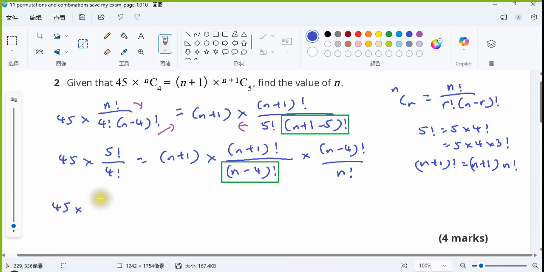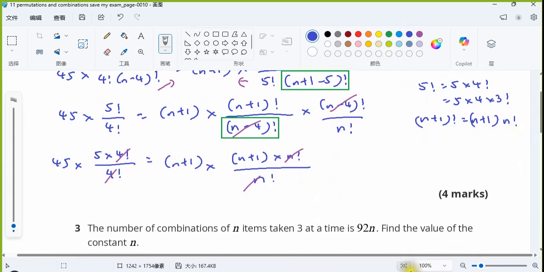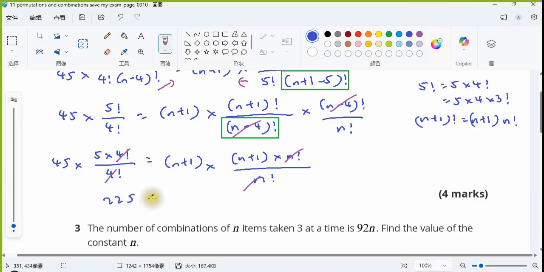So 45 times 5 times 4 factorial over 4 factorial equal to n plus 1 times the n plus 1 times the n factorial over n factorial. These two cancel. So we have the 45 times 5 is the 225 is equal to the n plus 1 squared.